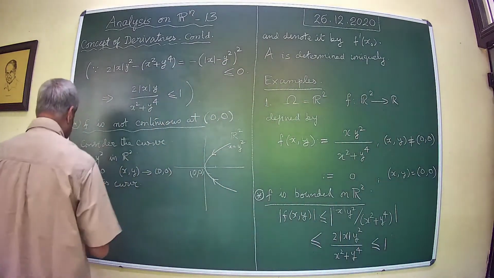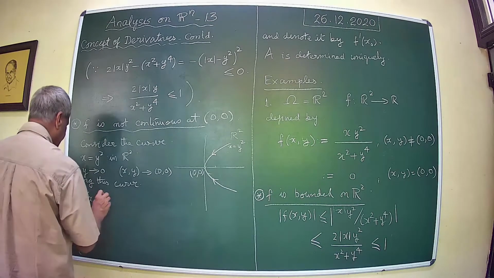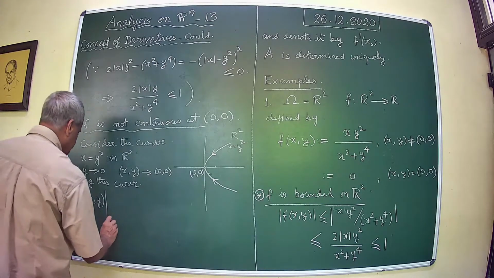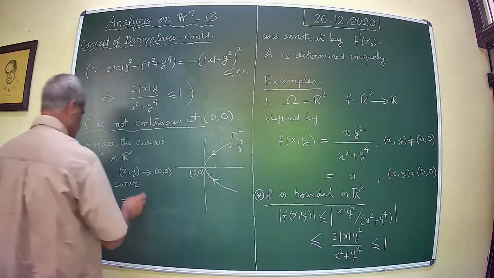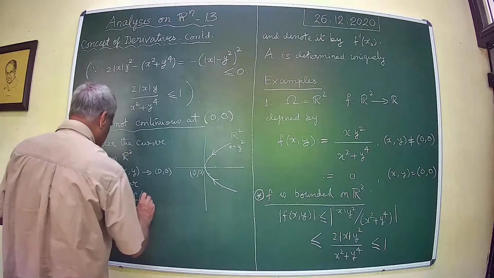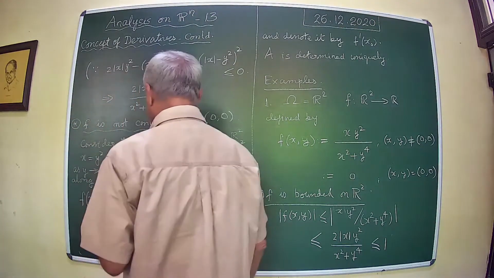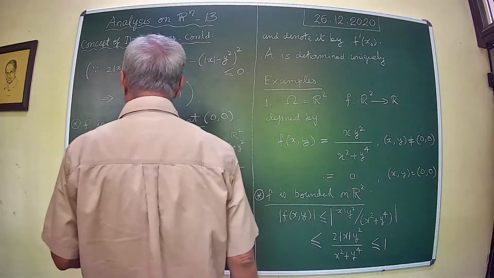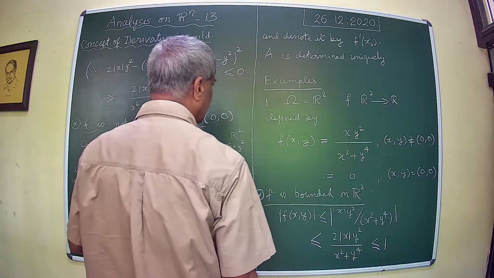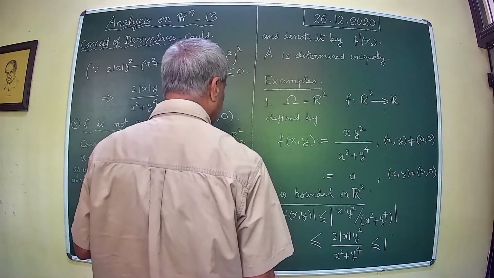So you will find f of y squared comma y is equal to, what is the function that you have? x y square divided by x square plus y to the power 4.